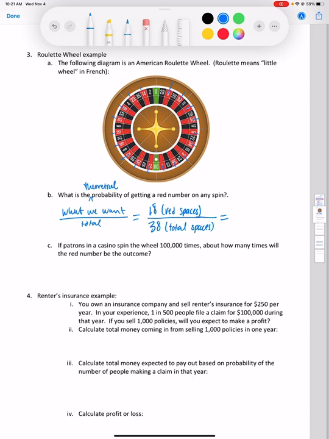That is 18 divided by 38, and that's about equal to 0.47. So that's the probability of getting a red.